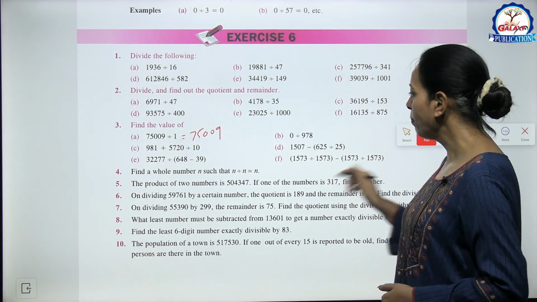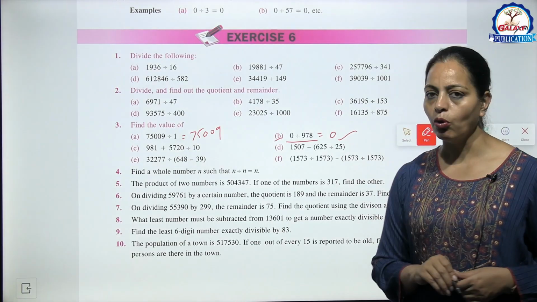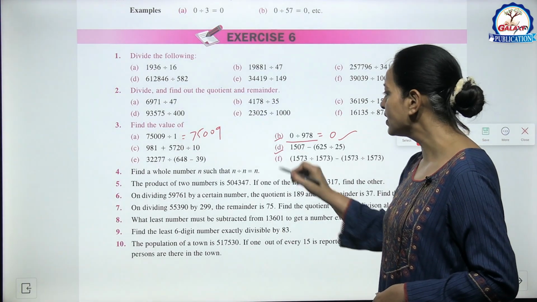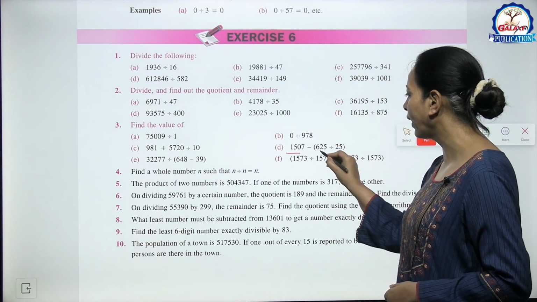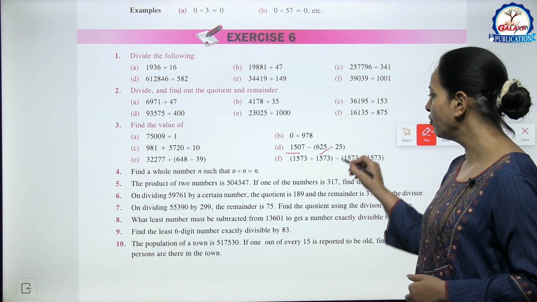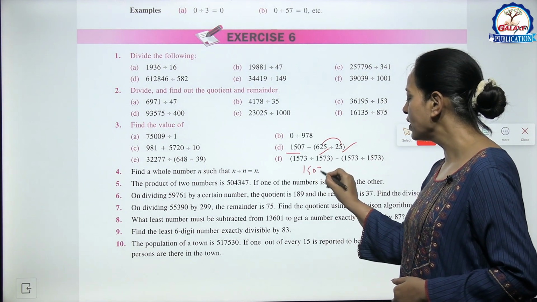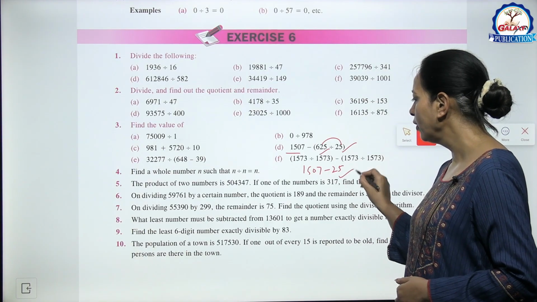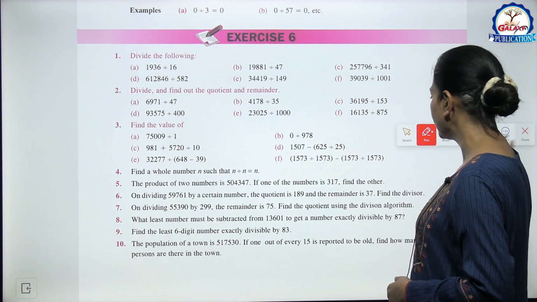Now B part, 0 divided by this number, this is 0 only. Now see D part, 1507 minus bracket 625 divided by 25. So what will you get? You will get here 25 only. So now subtract both, you will get the answer.